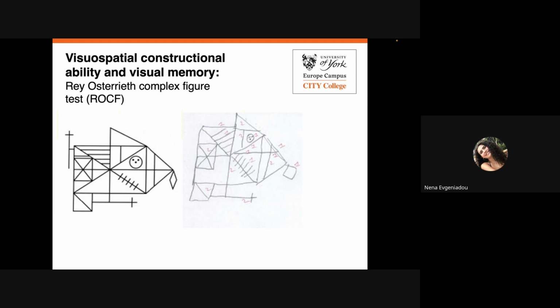And after a short period of time, we request that they again try and draw what they can remember from the shape. Again here, you can use a Q trial at the end of the test, providing a list of independent shapes so that the patient can identify what were the shapes that were included in this original figure.